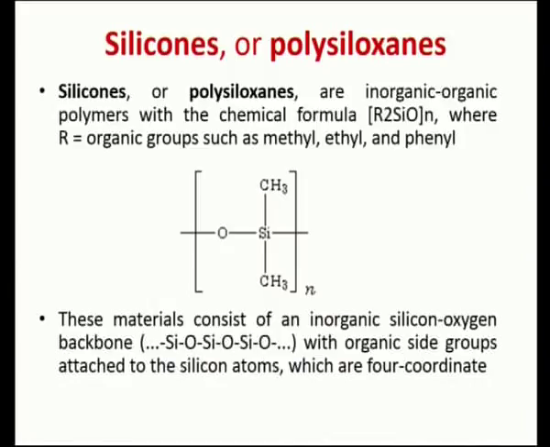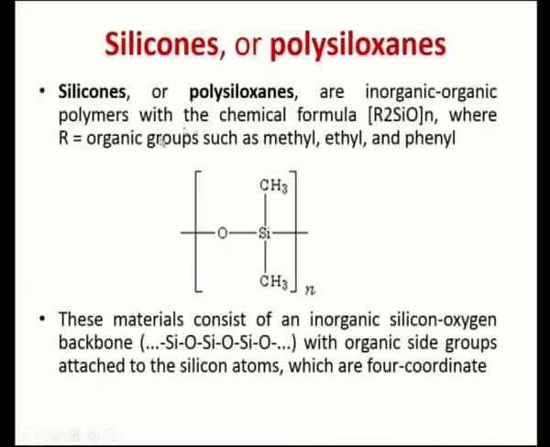So, another class, which is a very high strength polymeric material, is silicones or polysiloxanes. Silicones or polysiloxanes are inorganic organic polymers. Silicon belongs to inorganic, and the methyl and oxygen all come under organic.